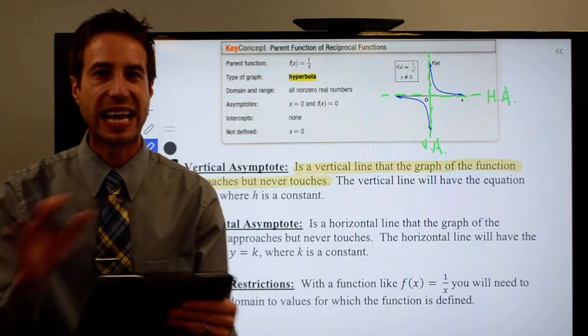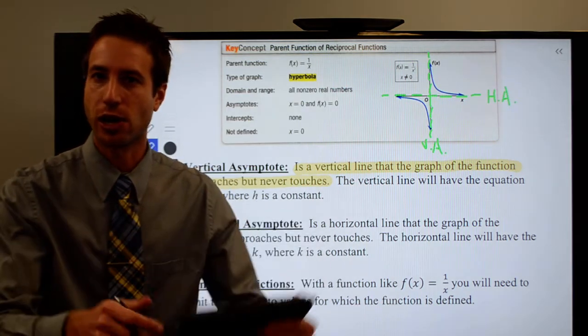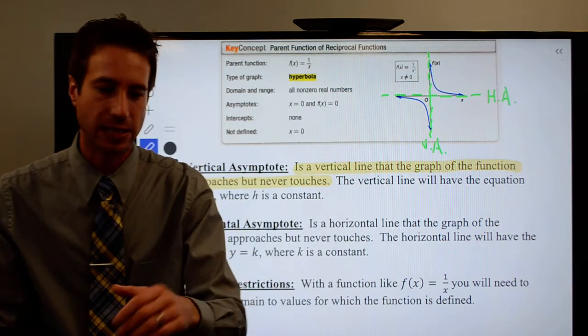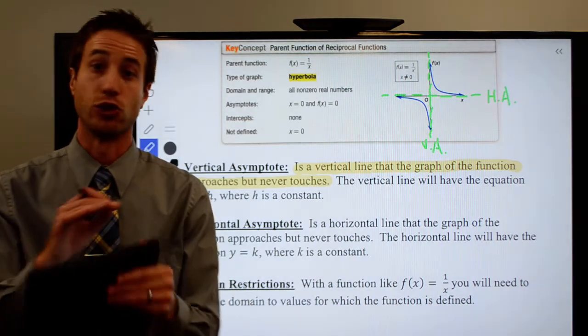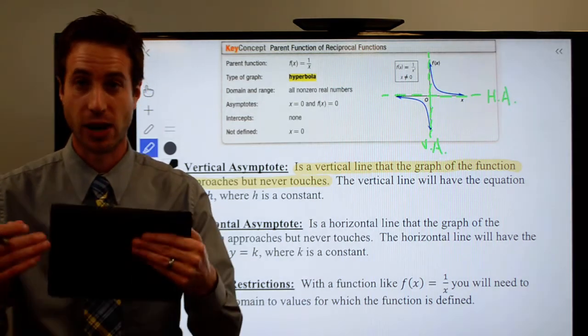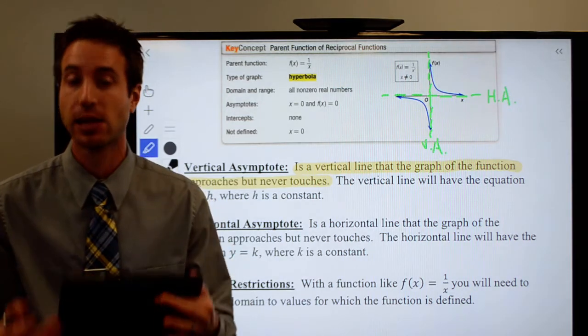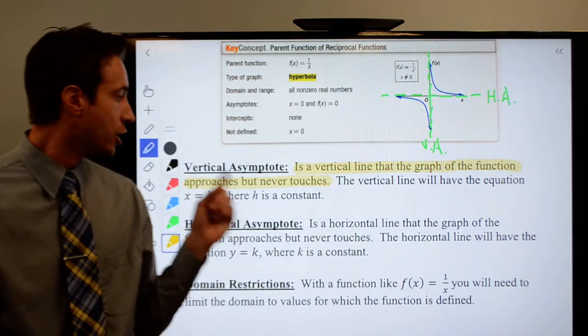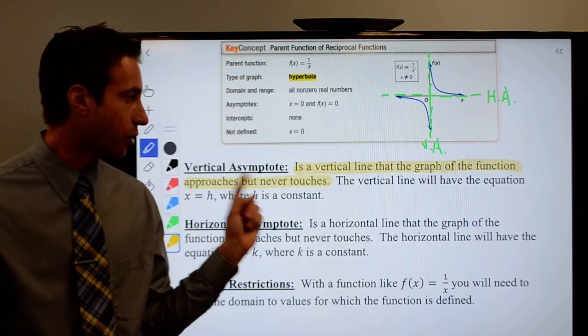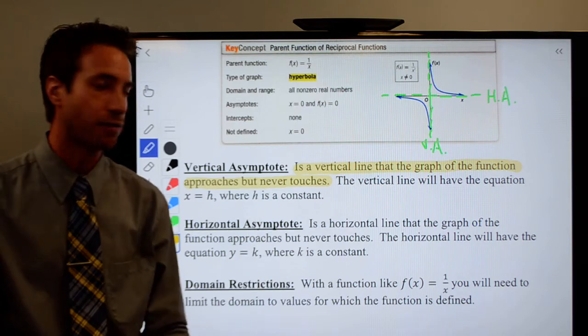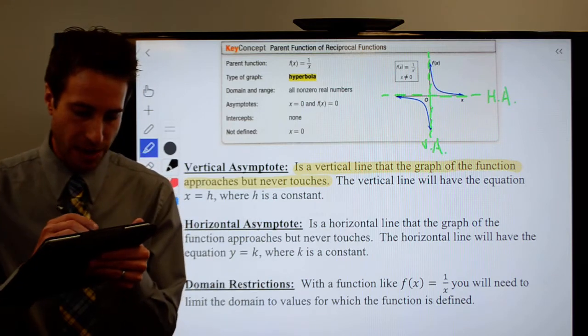Again, we're free-handing these graphs. When we actually start graphing, if you touch the asymptote, I'm not going to freak out. Just do not cross the asymptotes. I'm going to take off a lot of points if you cross the asymptote. So I have a vertical asymptote. A vertical asymptote is a vertical line the graph will approach but never touch.